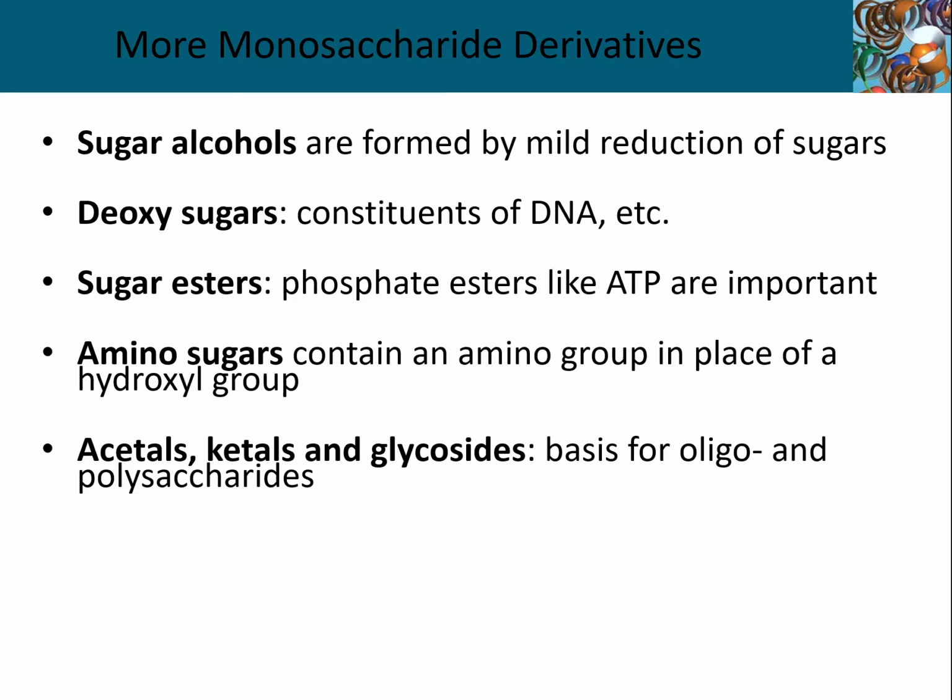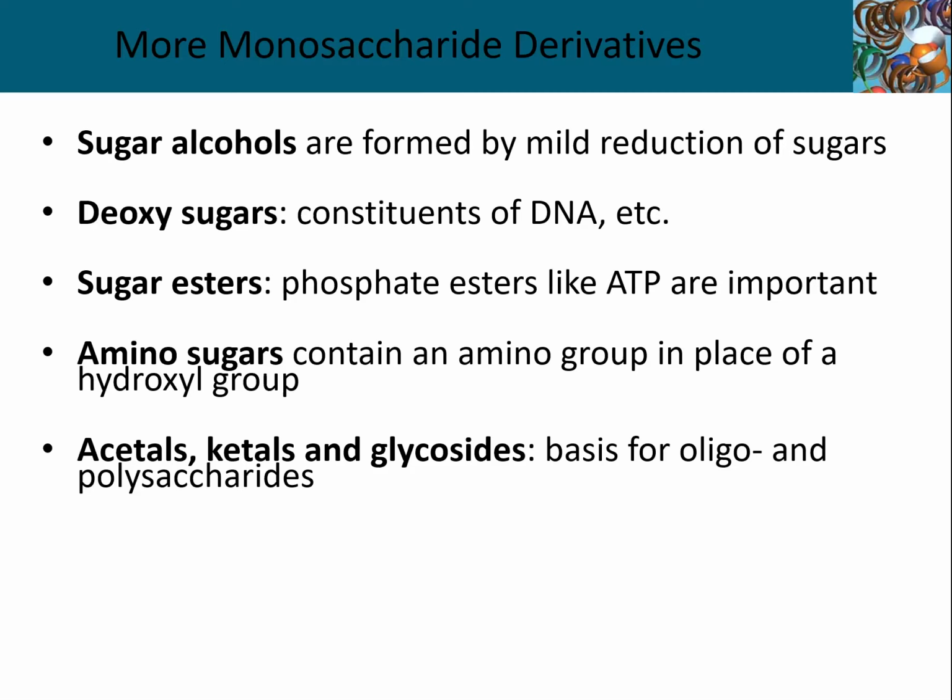Places you see some of these derivatives: sugar alcohols are formed when they encounter mild reductions. Your deoxysugars are going to be really important as part of DNA and RNA. If you have deoxyribonucleic acids, that's because it's a deoxyribose, which is a sugar moiety. You have sugar esters, which are really important in phosphate esters, particularly ATP. I think you guys have probably heard of ATP, so you can see the sugar esters are going to be very important. You have amino sugars, where amino groups replace the hydroxyl groups, and these are going to be really important for connective tissues and cartilage.